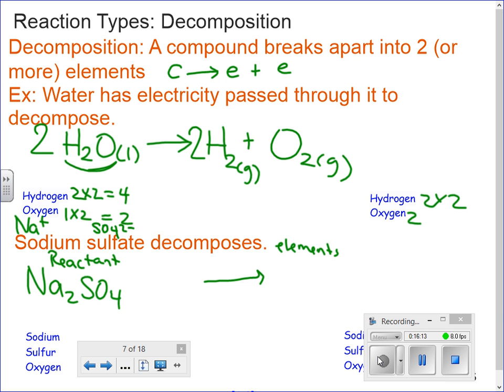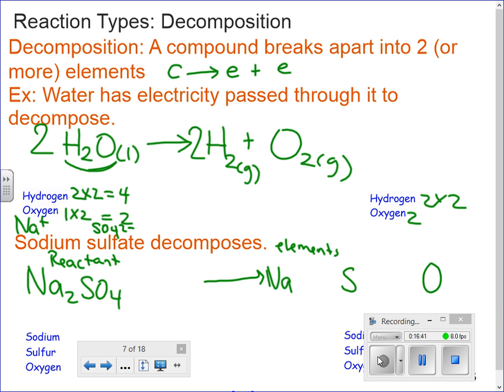Now it says that it's decomposing, so I know that means I'm breaking my compound down into elements. That means I'm going to have Na, I'm going to have S, and I'm going to have O. Notice what I did there. Even though sulfate is one polyatomic ion, when I do decomposition, I don't care anymore.